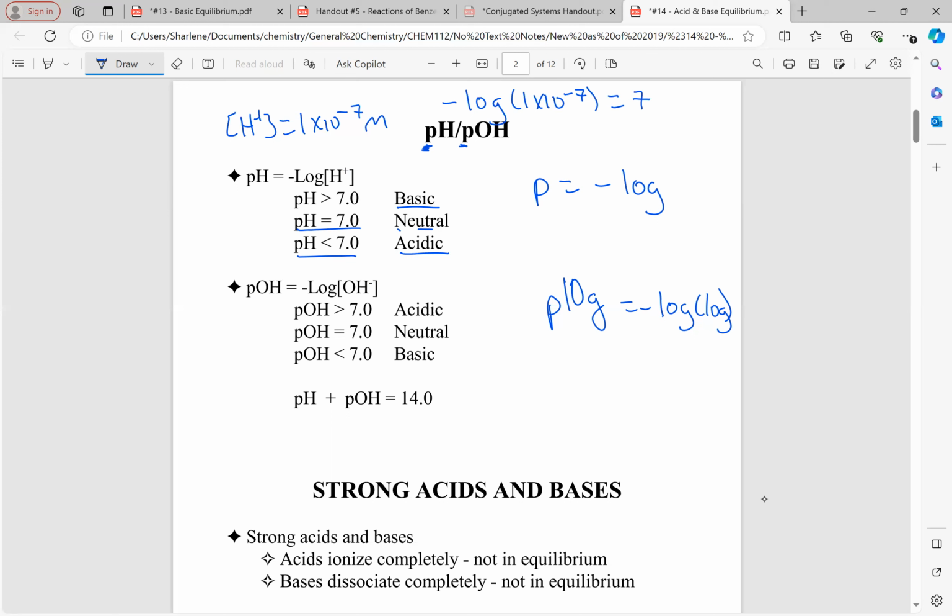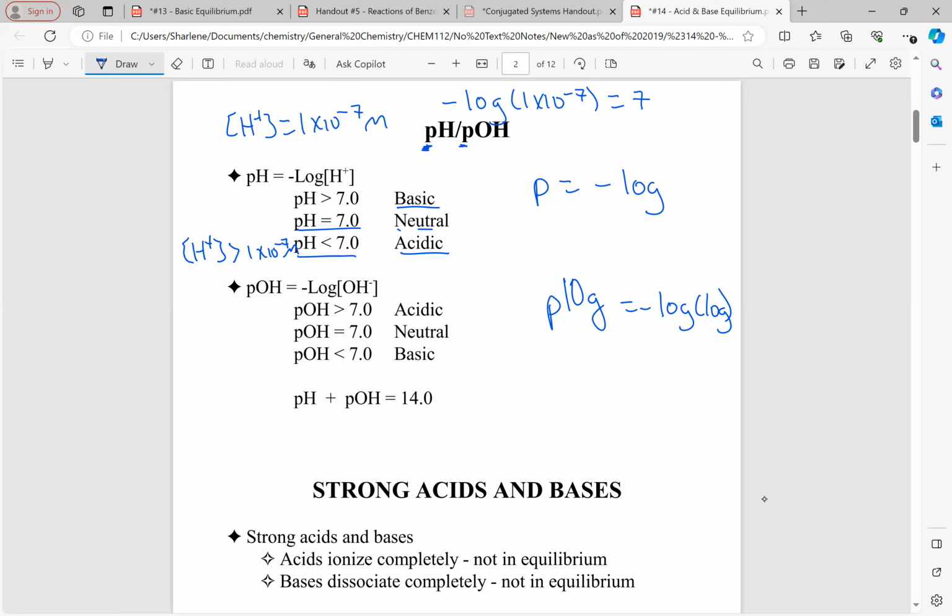So when you see a pH that is less than 7, that means the proton concentration is greater than 1 times 10 to the minus 7th. Kind of a little backwards thinking there, but pH kind of switches it. So if you see a pH that's greater than 7, that means the proton concentration is less than 1 times 10 to the minus 7th, or it favors the hydroxides.